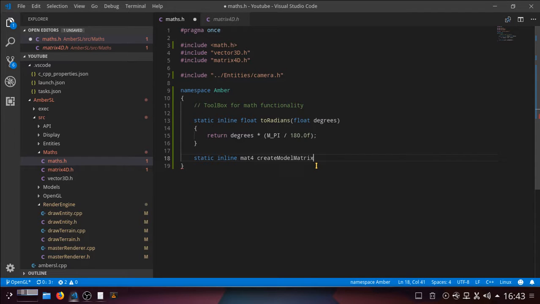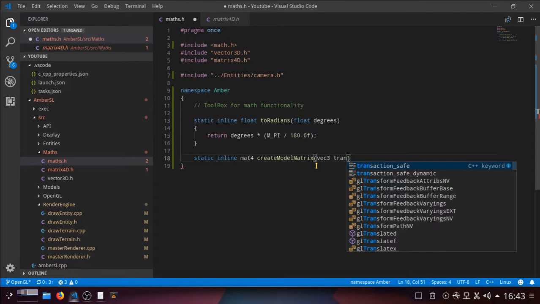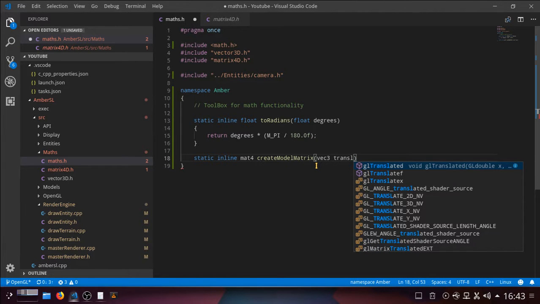It's not actually too hard. Create model matrix needs a vec3. It's going to need a translation. I don't think we've got any of these actually.